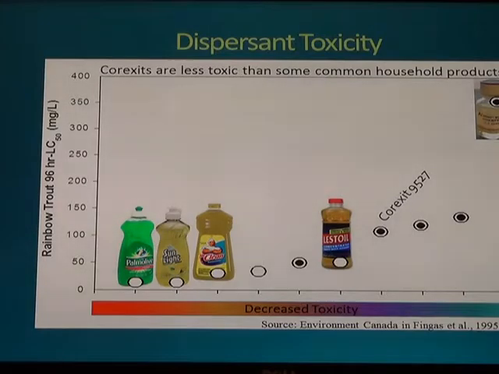What you're seeing here is decreased toxicity as we go across the scale this way. So some household products are very highly toxic, whereas in comparison, the 9500 is not very toxic when you're talking about something like a rainbow trout.